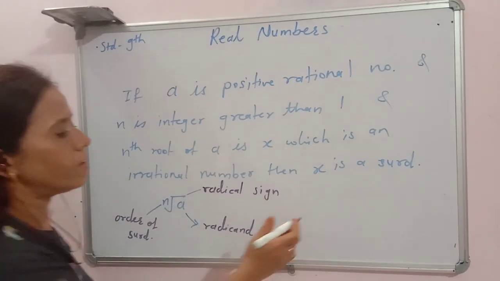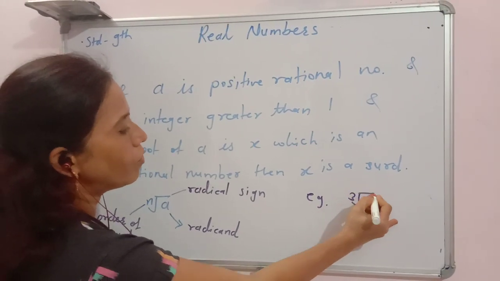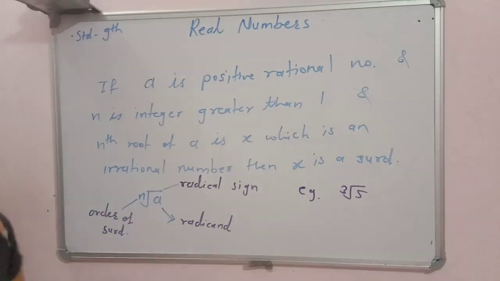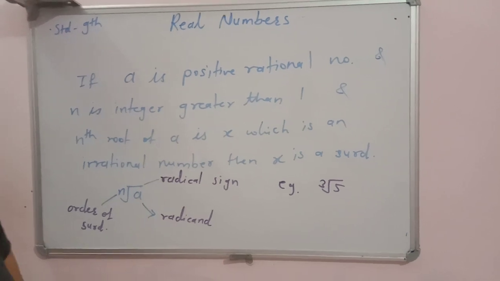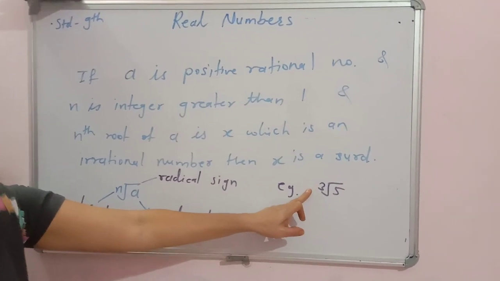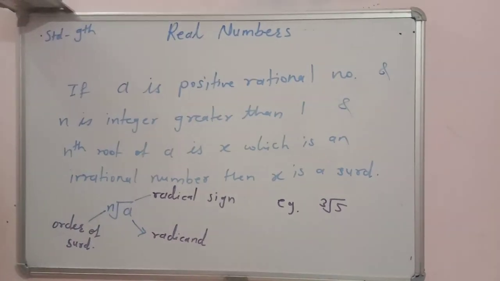For example, see, the third root of 5. This is an irrational number, therefore it is a surd. What is the radicand? The radicand is 5. Then what is the order of the surd? It is the third root, that's why the order is 3, and this is the radical sign.